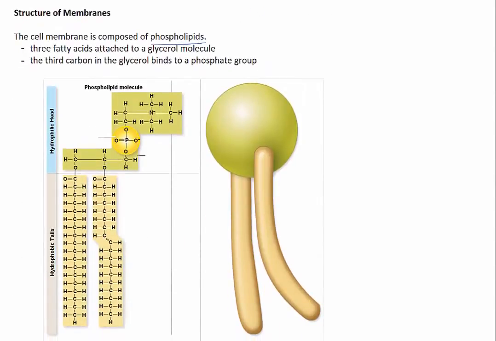The cell membrane is composed of phospholipids, which are organic molecules that resemble triglycerides, which, if you remember, is a type of lipid. So in a triglyceride, 3 fatty acids attach to a glycerol molecule. This makes it a triglyceride.